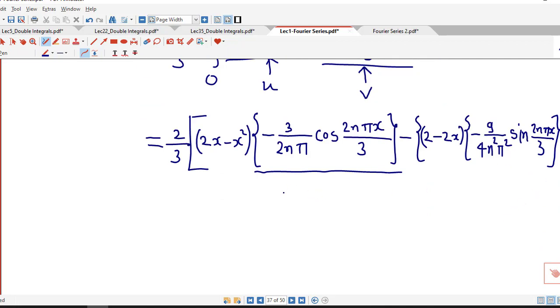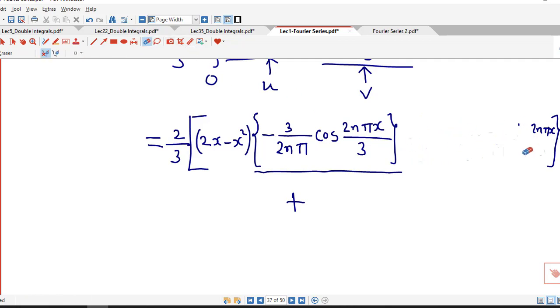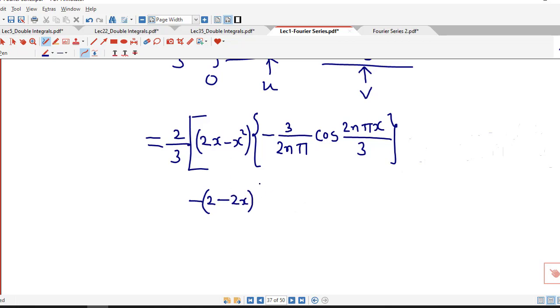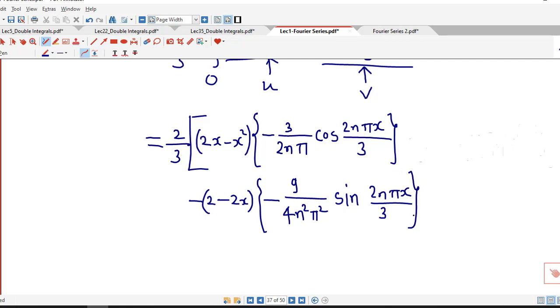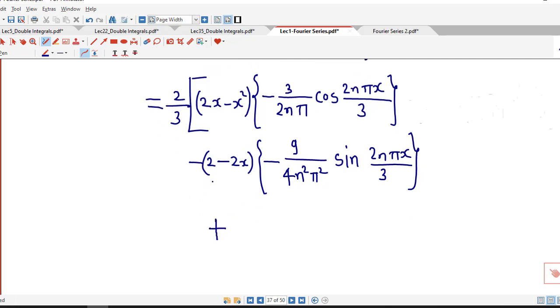And in the next step we can write this term here so that it is visible. This is positive sign, negative sign. Here derivative of 2x minus x square is 2 minus 2x, and here we have integral of second bracket, which is minus 9 divided by 4n square pi square sin of 2n pi x divided by 3, plus derivative of 2 minus 2x, which is minus 2.